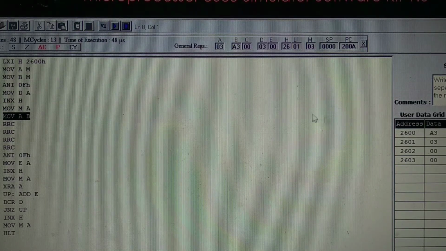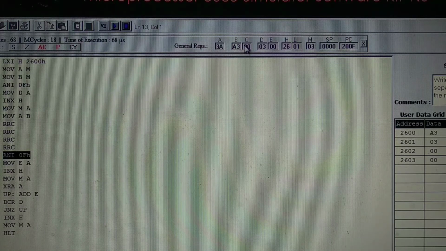Then we are bringing the original data. 4 times RRC, you will get the data in reverse order. ANI with 0F, you will get 0A, taken to E and to the next memory location.